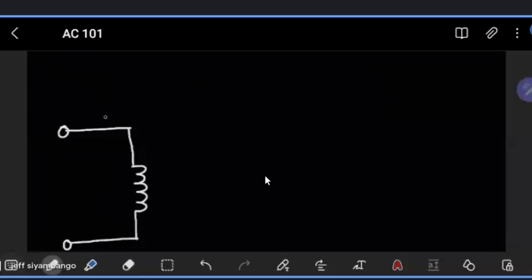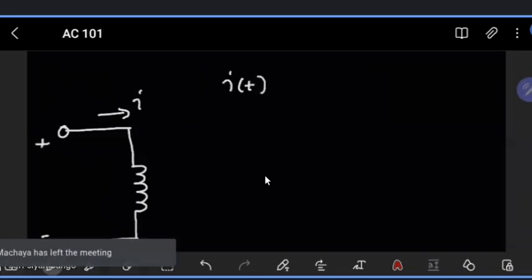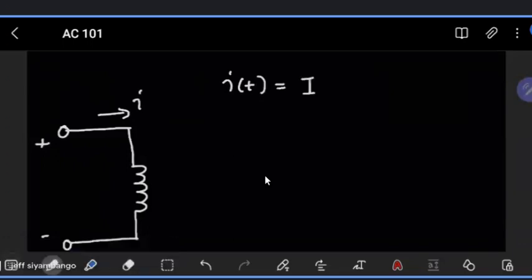If this inductor is supplied with a current I in a sinusoidal waveform, well, we have shown before that the current source as a function of time will be given by I max cos(omega t plus phi).